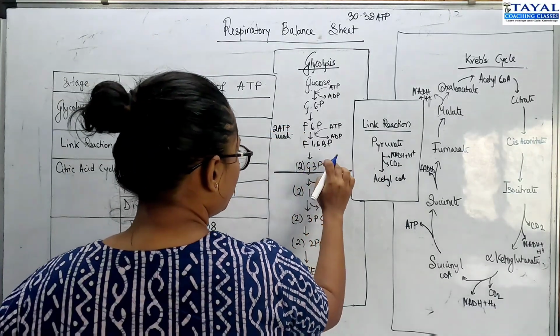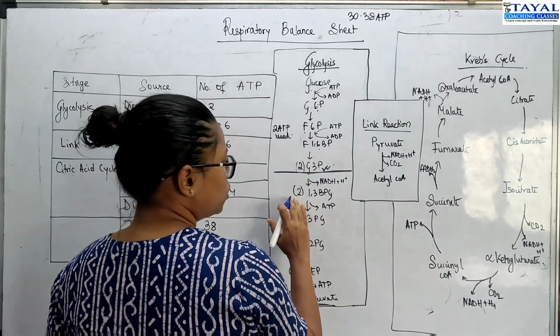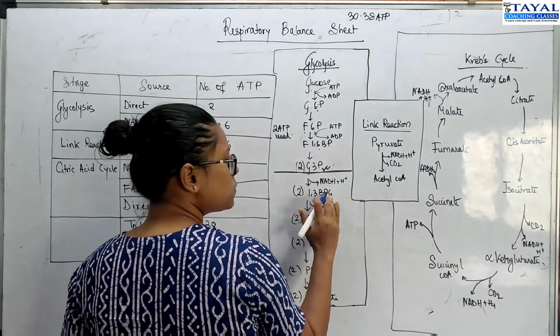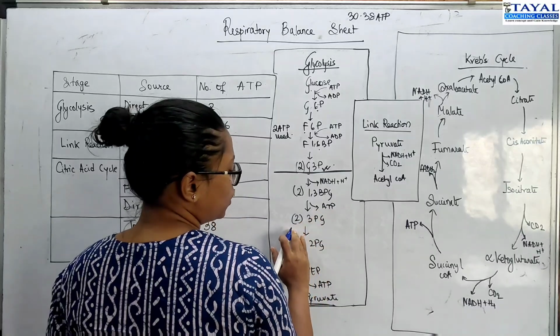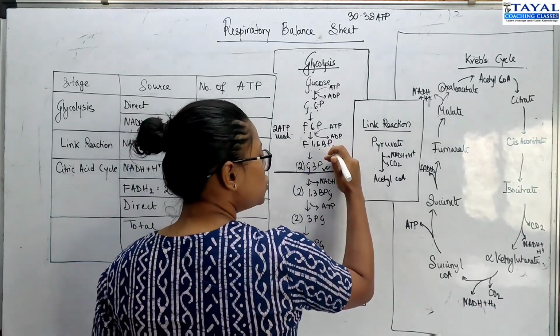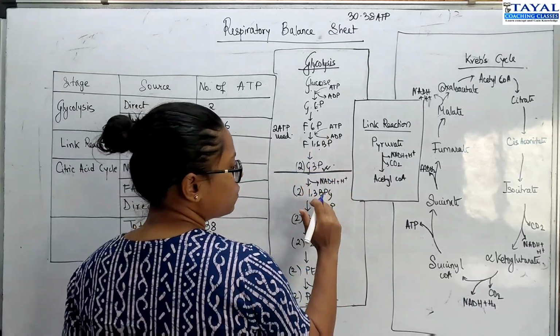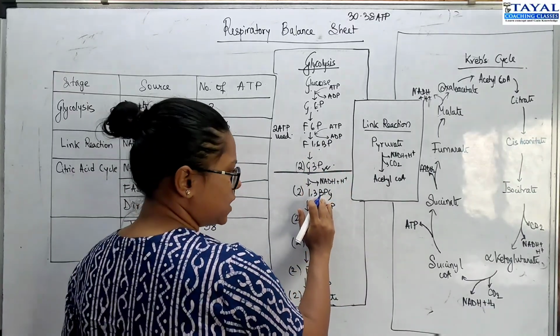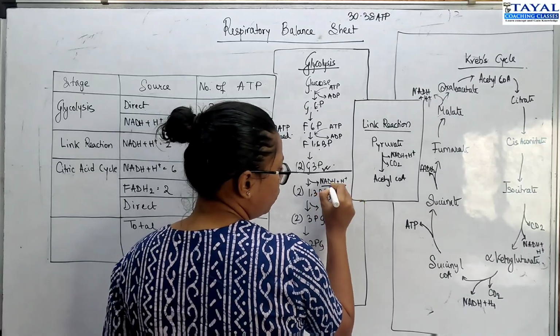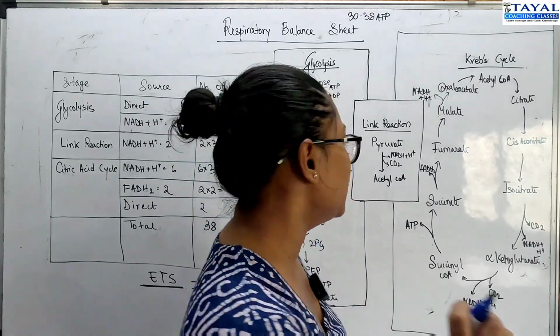Okay. Now from here on, you have 2 molecules of G3P, which gives you 2 molecules of 1,3-bisphosphoglycerate, 2 molecules of 3-phosphoglycerate further. When the G3P, glyceraldehyde 3-phosphate, gets converted into bisphosphoglycerate, it gives you 1 molecule of NADH plus H plus for every G3P.